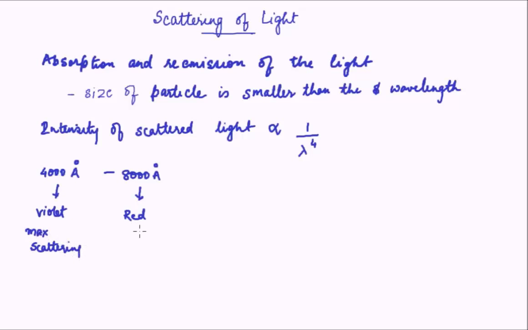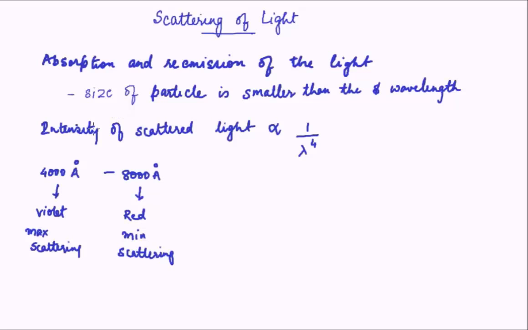So given that the intensity of scattered light is inversely proportional to the fourth power of wavelength, this being the smallest will be scattered the maximum. So this is maximum scattering, and this is minimum scattering. Therefore, what we can conclude from this is if the size of the particle is smaller than the wavelength, then the violet light will be scattered the most and the red light will be scattered the least.